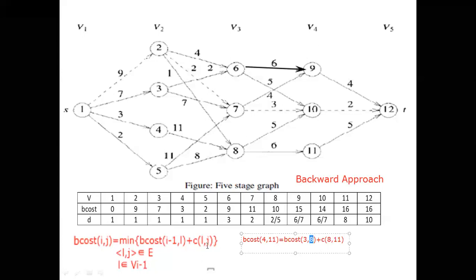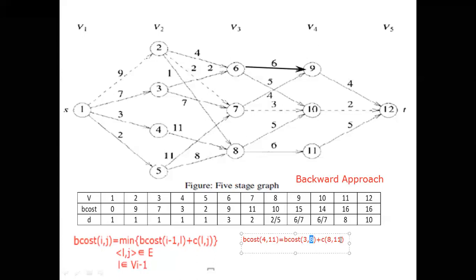I hope it's clear, right? Now, what is this L comma J? What is L here? L is 8 here. Here also L. This is L, J. What is L here? L here is 8. What is J here?